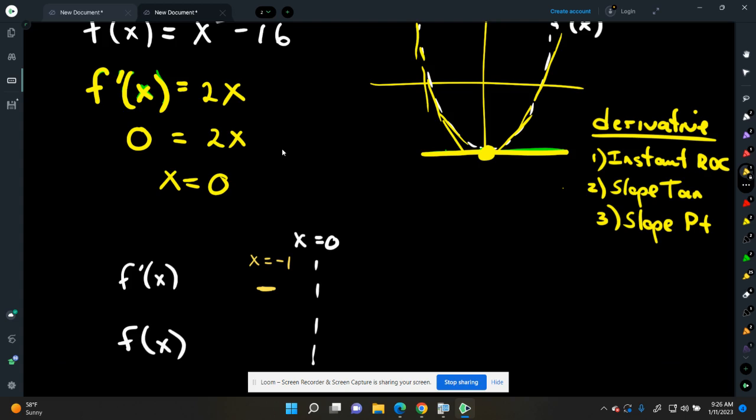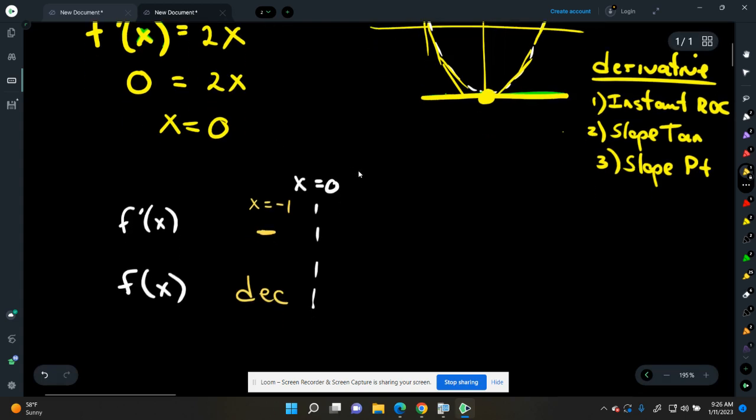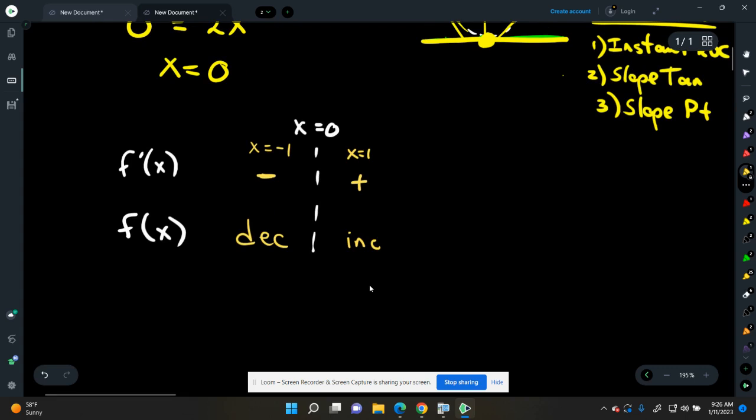The slopes are negative when we're less than 0, which means f of x is decreasing there, which we know because we were familiar with this function. To the right of 0, at x equals +1, I get a positive result for my slope, which means f of x is increasing. Since I go from decreasing to increasing, then I know I have a relative minimum at that point.